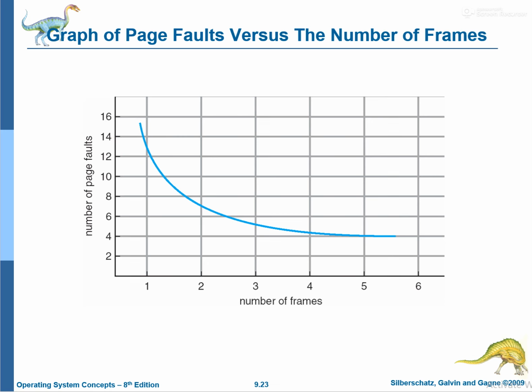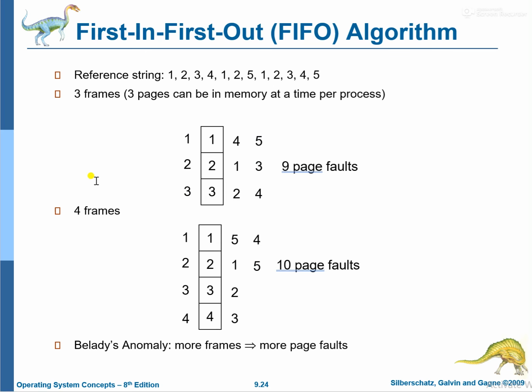Okay, now we will discuss different page replacement algorithms. So the first one is the first in first out algorithm, and we consider this reference string. Now what is this reference string?